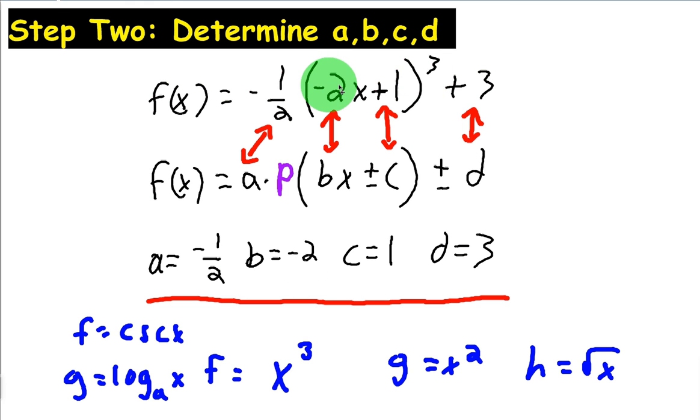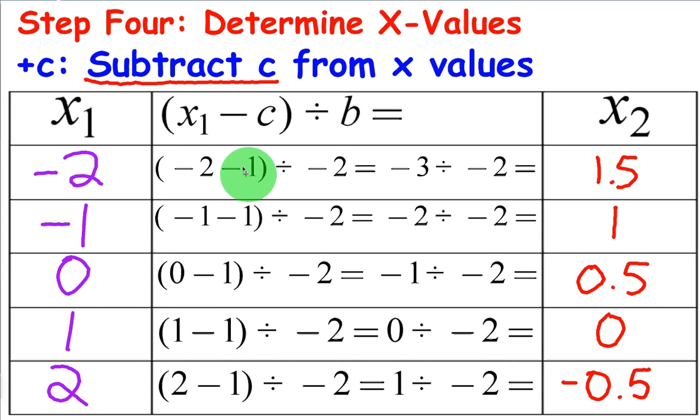It's the number in front of the x. And again, just do the opposite of what's in here, so since it's plus 1, you're going to subtract 1. If it was minus 1, you would add 1 to your x values. It's that simple, and that's because you're subtracting a negative, so it'd be positive. In this case, though, c is positive 1, so we're going to be subtracting it and dividing by b. I'd like to show two steps here in my calculation column.